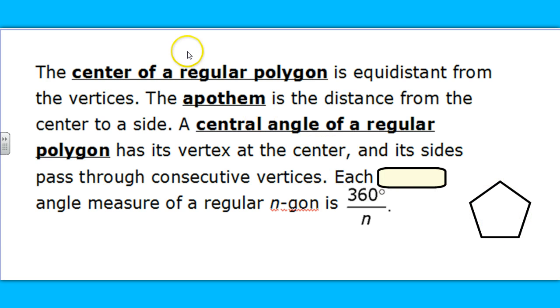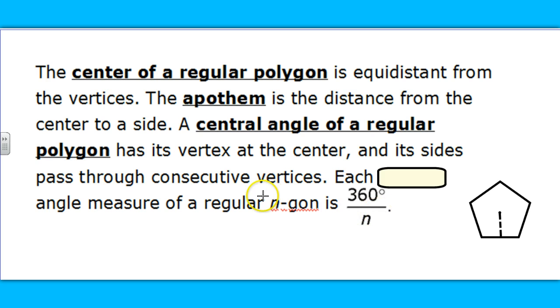So the center would, of course, be equidistant from each of the vertices, right? Each one, same distance. The apothem is the distance from the center to, perpendicular distance to any side.